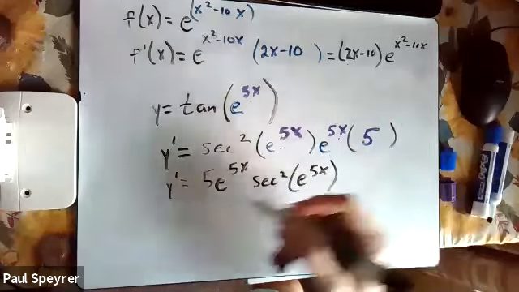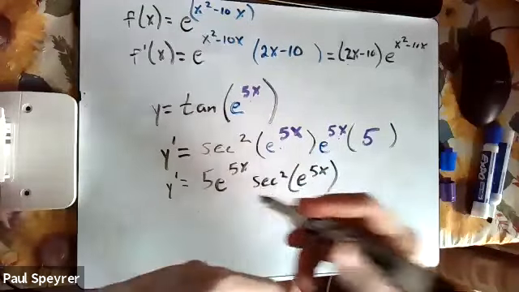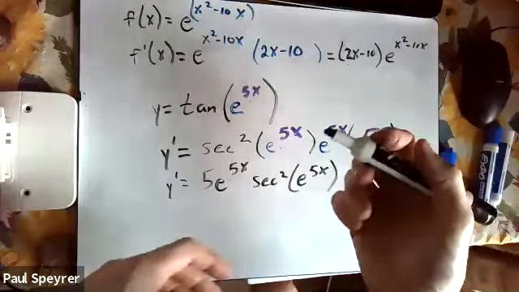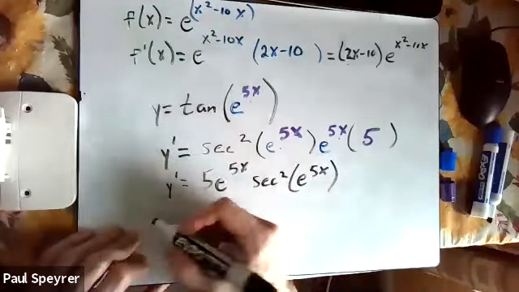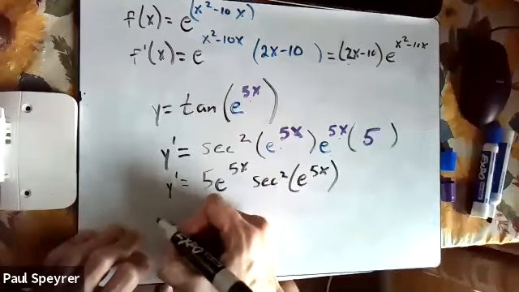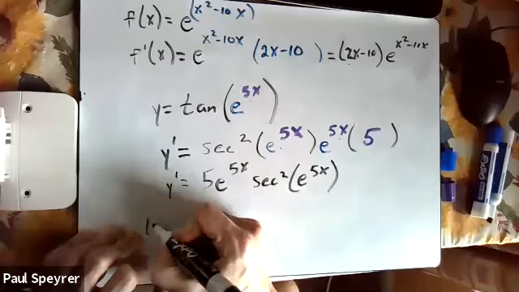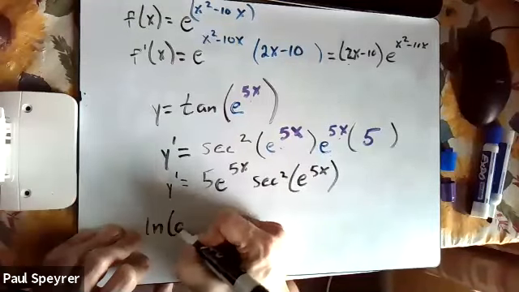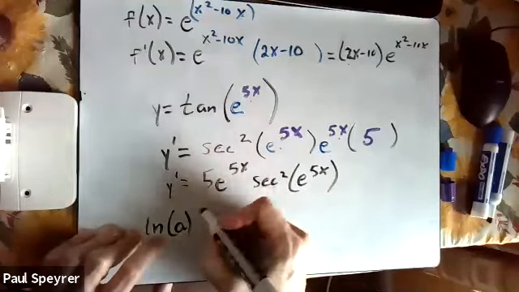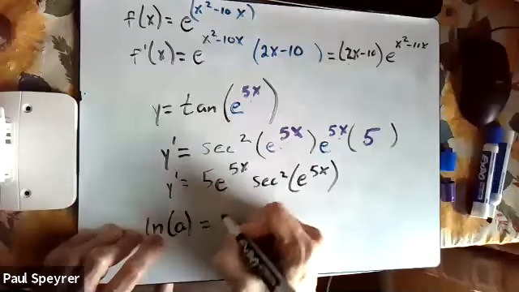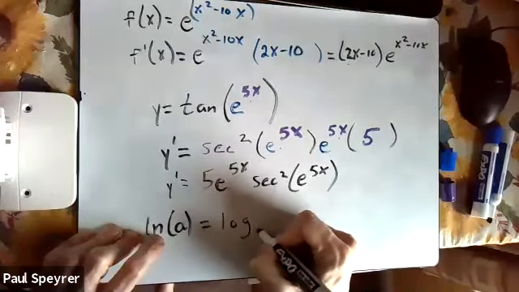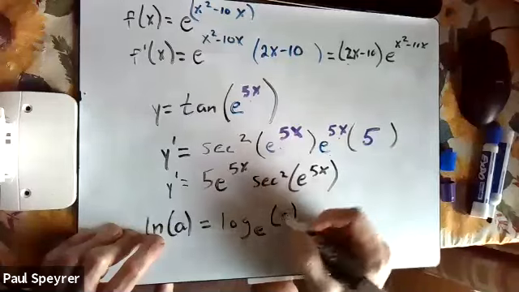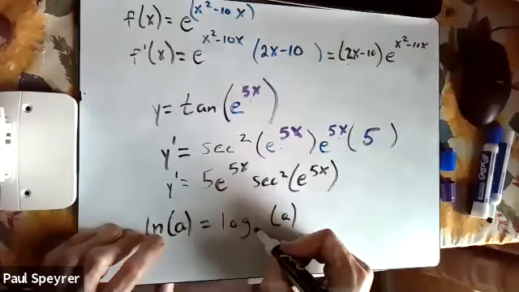All right. The next derivative we're going to look at is the derivative of logs. Remember, if you have the natural log, natural logs are just logs with a base of e, right?